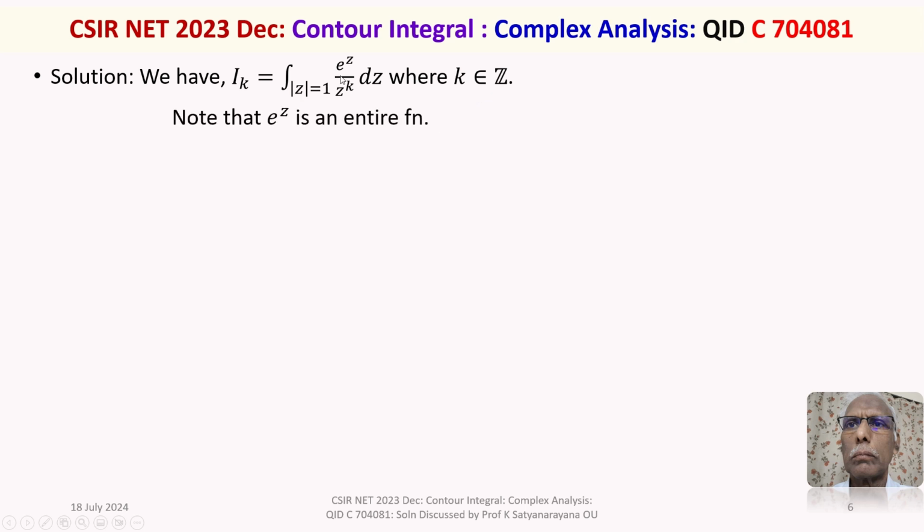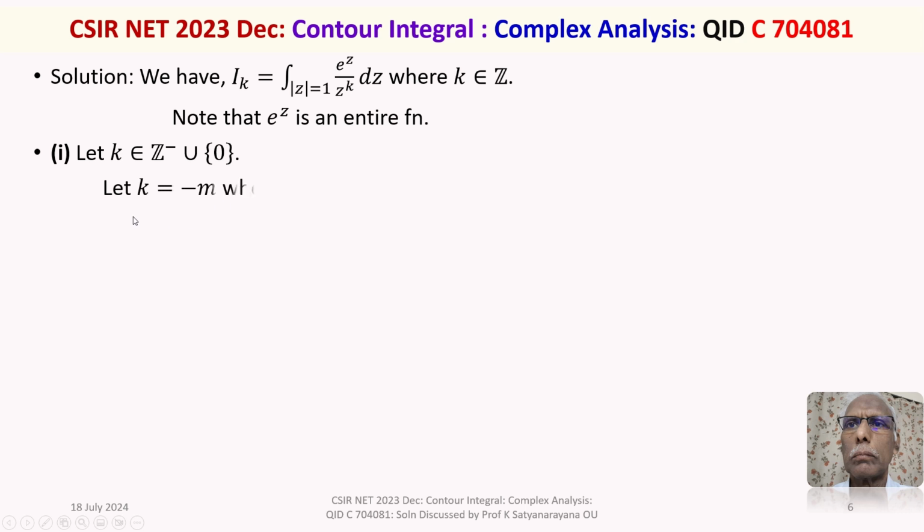We note that e^z is an entire function. We consider two cases. Case 1, let k belong to Z minus the singleton 0, that is, k belongs to the set of non-positive integers.